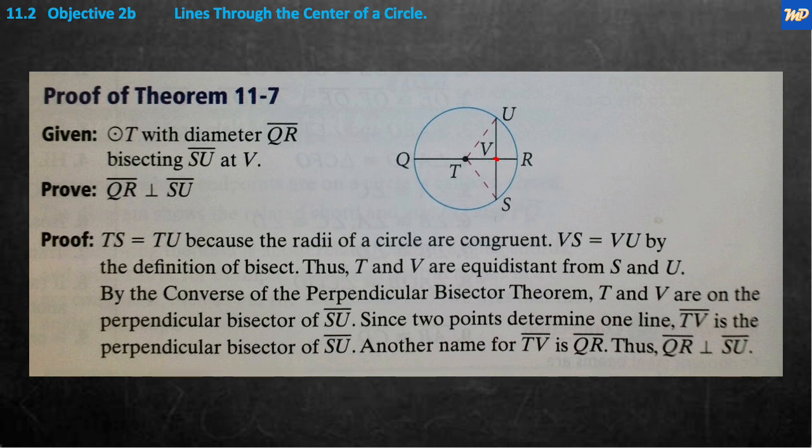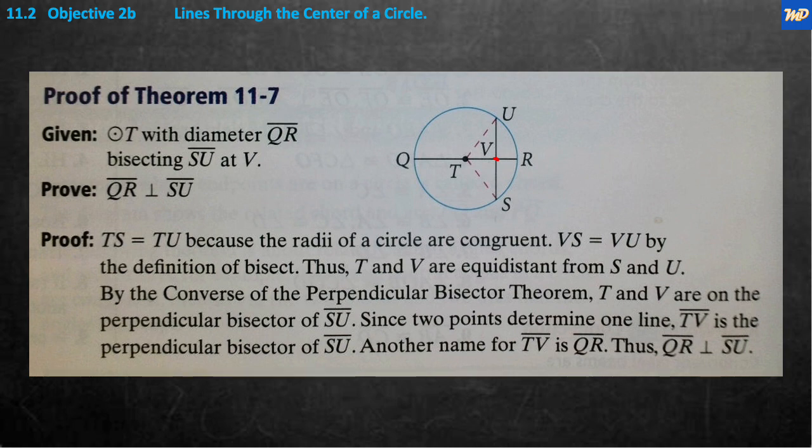VU and VS are congruent, and TU and TS are also congruent. By the converse of the perpendicular bisector theorem, T and V are on the perpendicular bisector. T and V are both points on QR, which is the perpendicular bisector of SU.